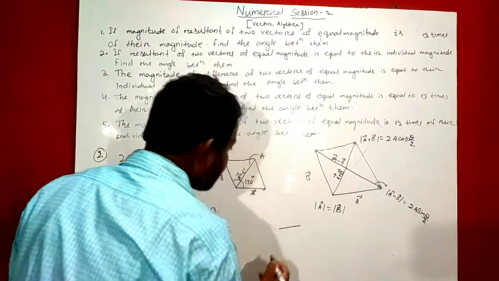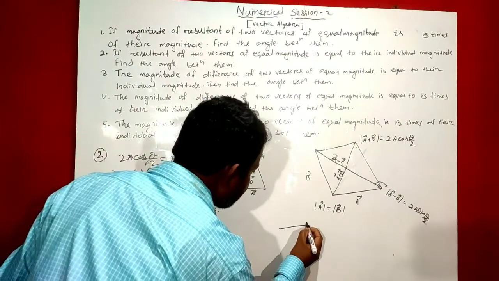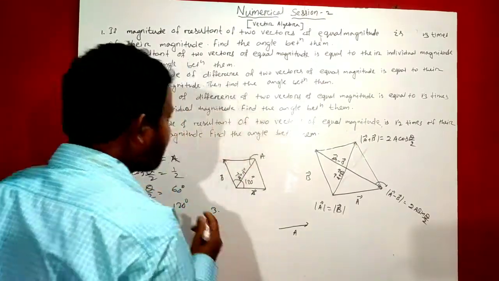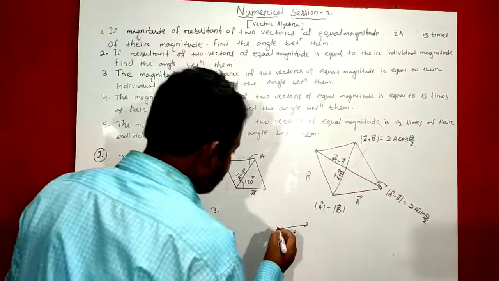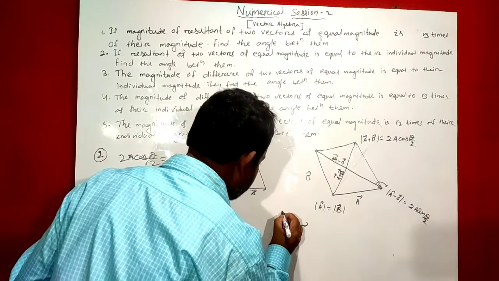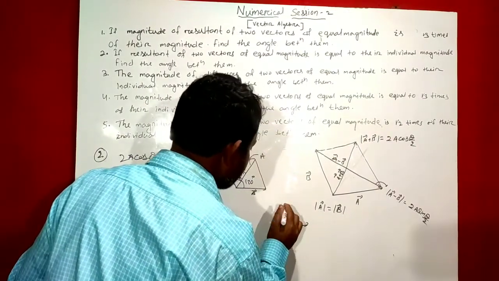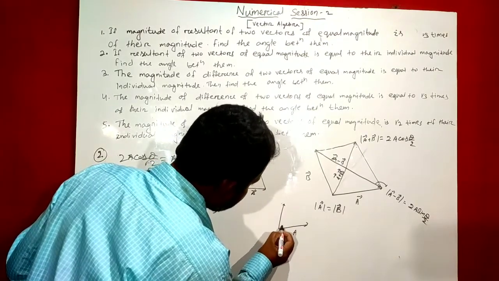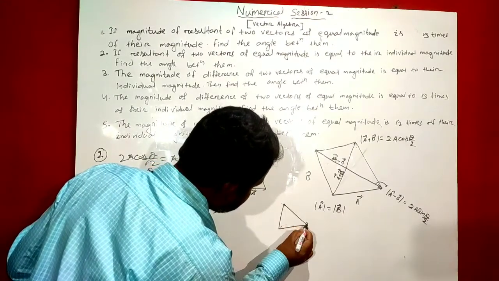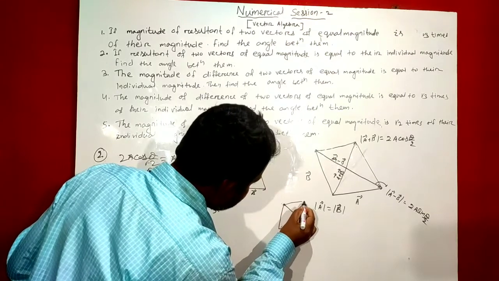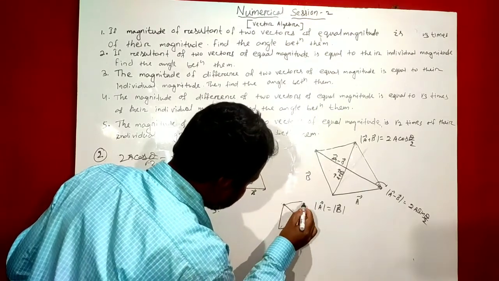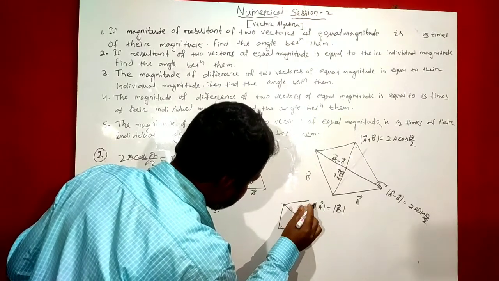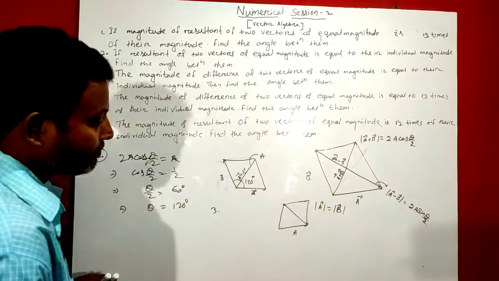That means, let this be the A vector and this the equal vector B. Let's complete the parallelogram.